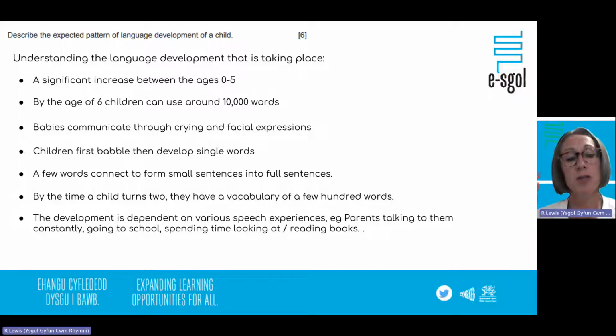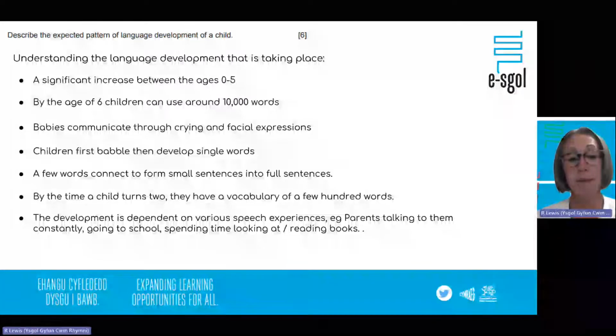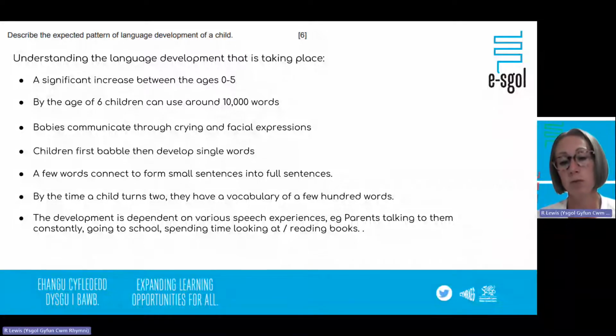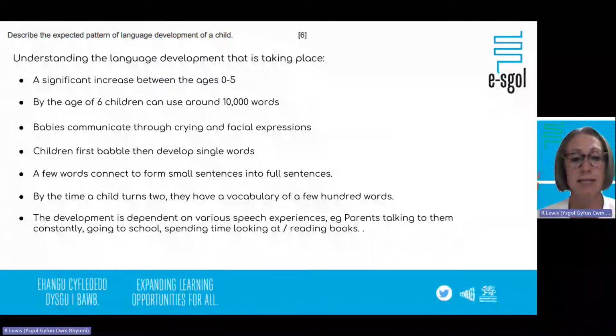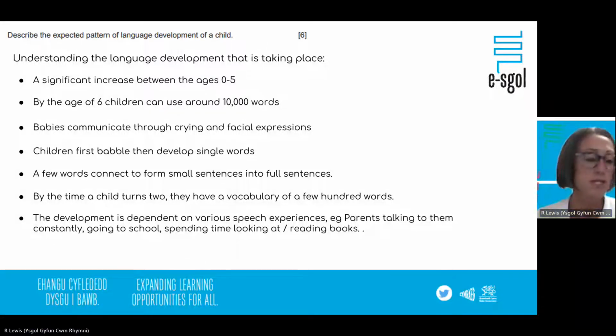Okay. By the time a child turns 2, so from childhood, okay, they have a vocabulary of a few hundred words, and obviously they're just trying now to learn more words and then put the words maybe in the correct order, and also then extending on their sentences.